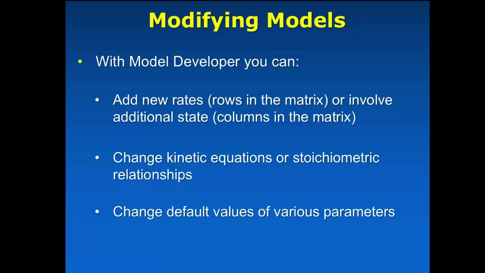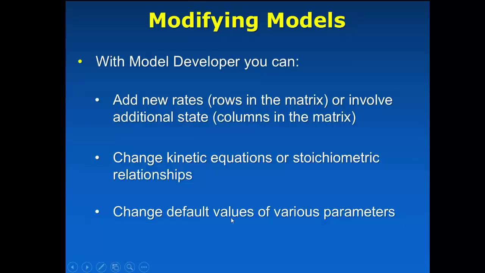So you can generate new rate equations, you can get some new state variables involved, and you can also change the kinetic equations or the stoichiometric relationships. So you could, for example, add a new row that would be the growth on a new, different kind of substrate. You could add a new column to represent that substrate itself, and then put in a new, different growth rate and so on.